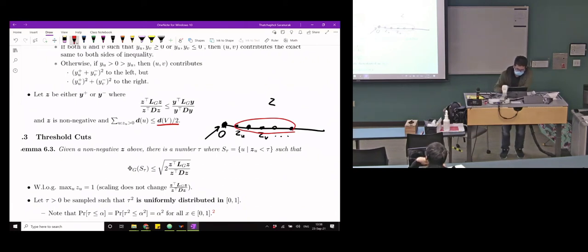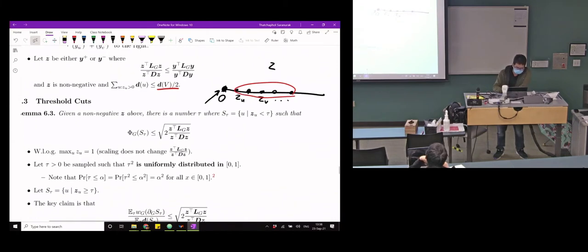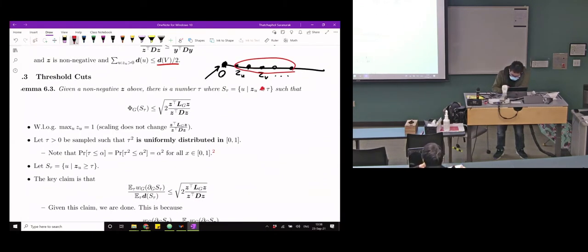All right. Now I'm going to show that if you have this vector z, then there will be some threshold tau such that if you look at the set of nodes above the threshold, this set will be a sparse cut.